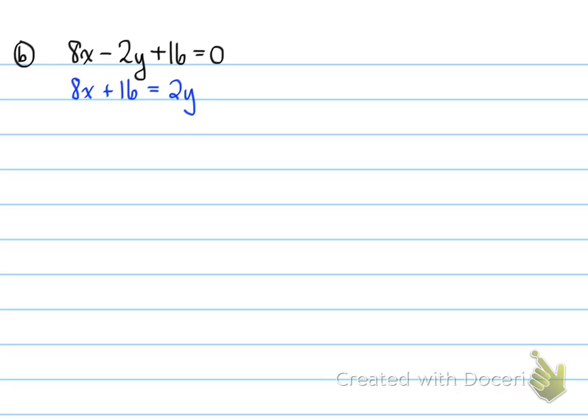Next, we're going to divide each piece by 2. Each term by 2. We end up with 4x plus 8 equals y. And that's the equation that results after all of this. So y equals 4x plus 8 is the final linear equation. Okay, moving on.